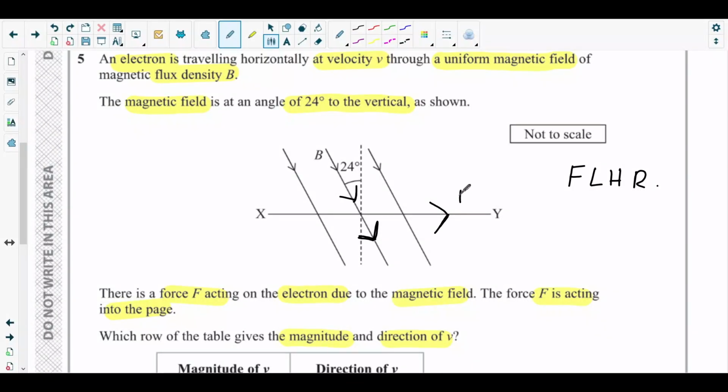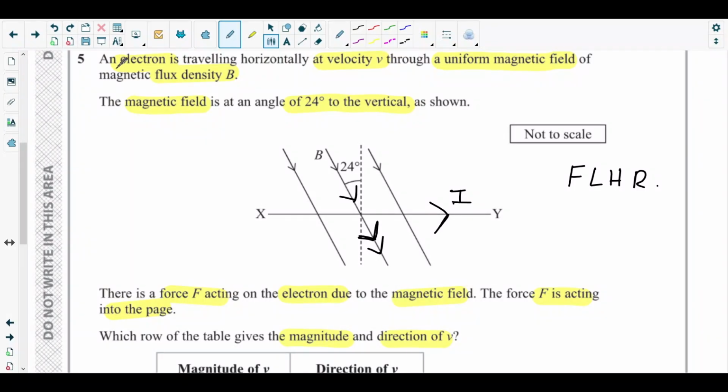This is the direction for current. So thumb into the page, into the screen, index finger towards the direction of magnetic flux density B, towards this way. If you open the middle finger, you will see it is showing X to Y. This is the direction of current.